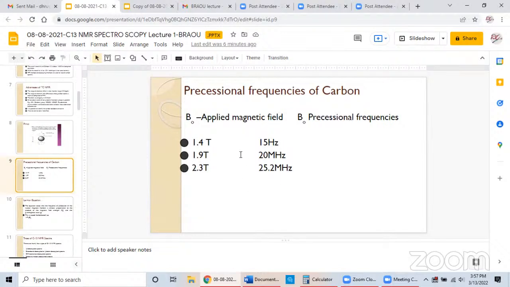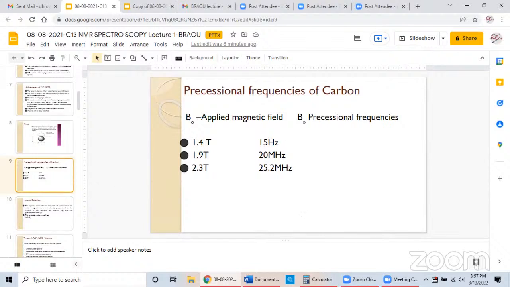So I'm just giving you the precessional frequencies of carbon, and similarly, at the same applied magnetic field, proton will have different precessional frequencies, and fluorine will have a different set of precessional frequencies. Phosphorus will have different ones, and for that matter any magnetic nucleus has different precessional frequencies. So when we use the corresponding radio frequency, we will be able to record different spectra.